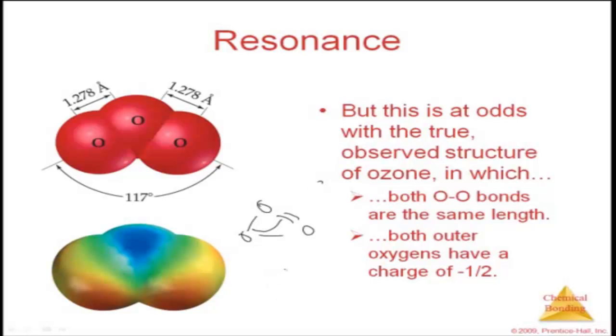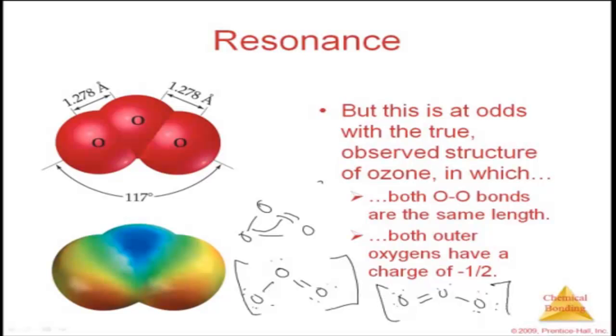So we call these resonance structures. So here we have ozone. And we put a bracket around it and say it could be that, or this. This is a proper way to show resonance structures. And in fact, they are some amalgam of the two.